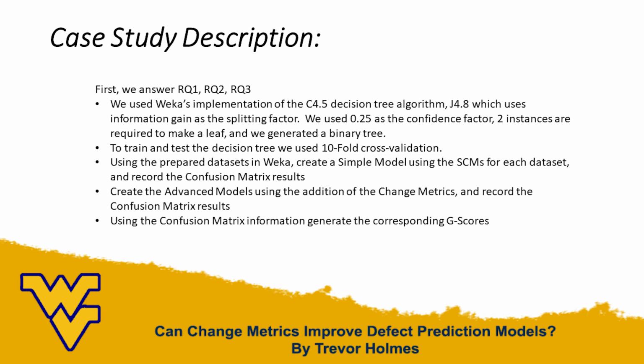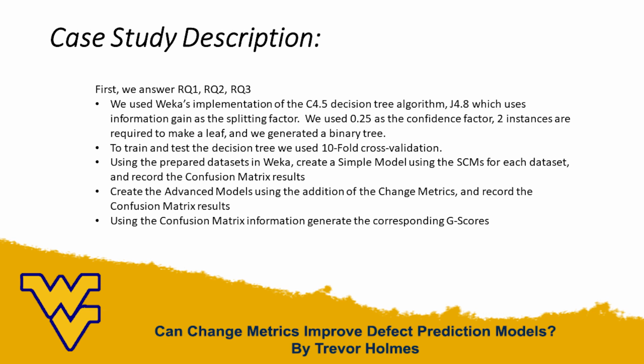To train and test the decision tree, we used tenfold cross validation, which basically breaks up the data set into 10 different sections, trains on 9 and tests on 1, and iterates through so that all of them are eventually tested on all the folds. When preparing the data, we create a simple model using the static code metrics, and then we record the confusion matrix results.